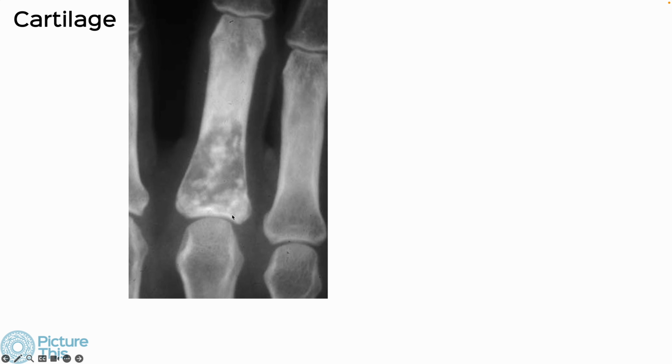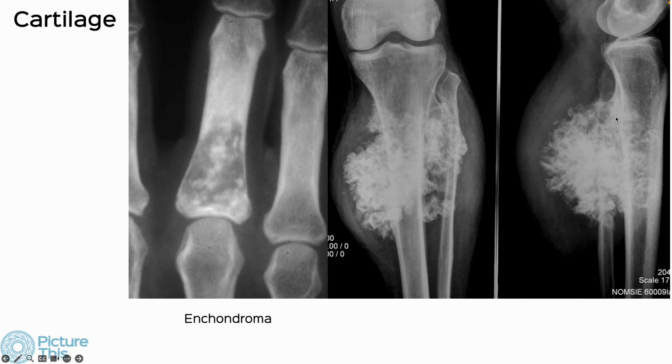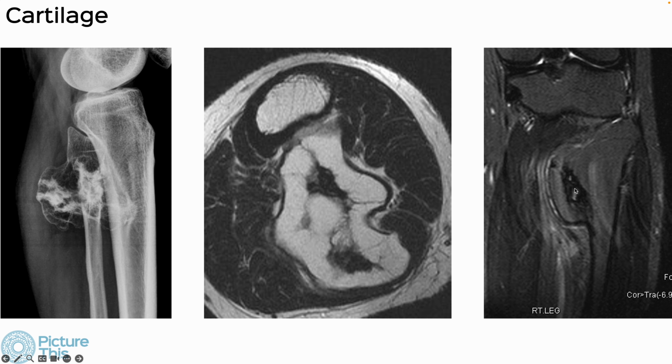So this is classic cartilage, narrow zone of transition in the phalanx, all put together. This is an enchondroma. Here again we have a rings and arcs appearance, which we also get with cartilage, but in this case it's irregular, broken. This is a chondrosarcoma.